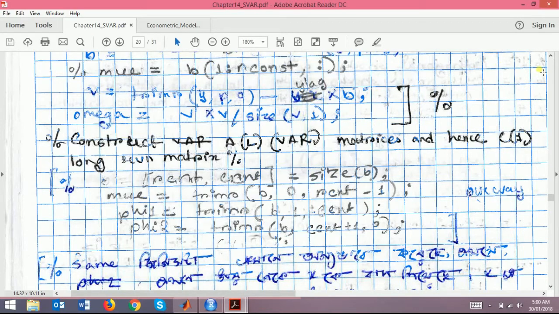So number of columns have autoregressive parameters. So the first column will have the first phi1 autoregressive parameter. So what we are doing is that we are adjusting by removing the first row for phi1, and from last we are actually removing number of columns, amount of information.